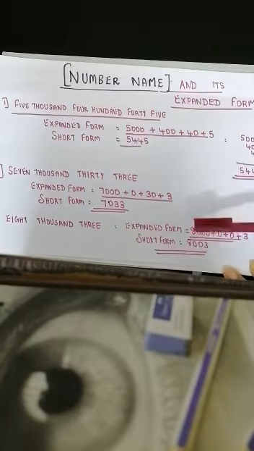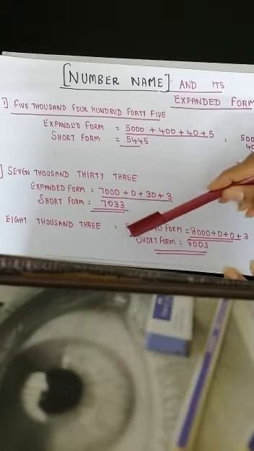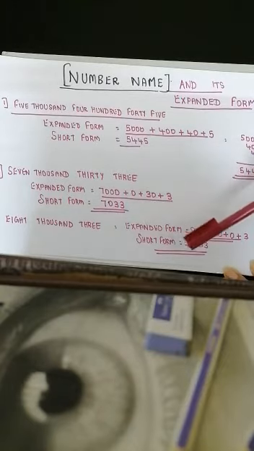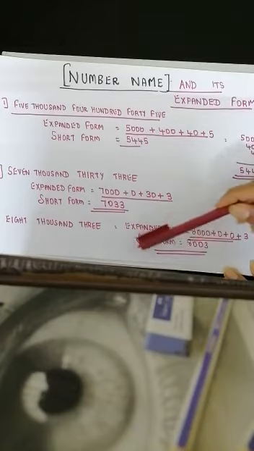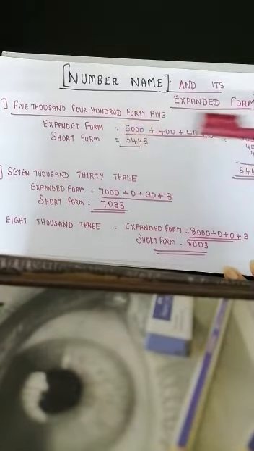Even if you write the expanded form 8,000 plus 3 it is also fine because 0 doesn't have any value over here. So what is the short form? 8,003. Short form means the number from the number name, 8,003.